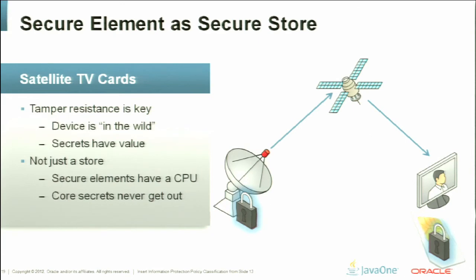So if we think about how this works today, a lot of set-top boxes actually use smart cards. They've been using them for years. And there's been a lot of an arms race, I would say, between the content providers and the hackers.